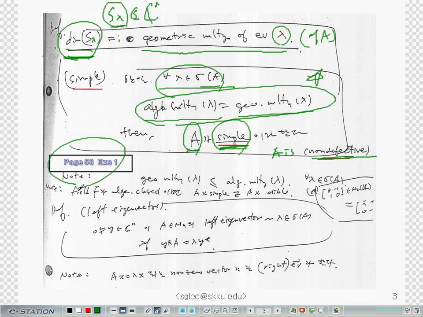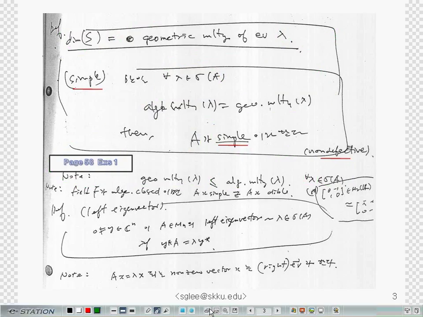First note is about the comparison of the geometric multiplicity and the algebraic multiplicity of each eigenvalue of A. In any case, for any eigenvalue of A, the geometric multiplicity of lambda is less than or equal to the algebraic multiplicity of lambda.